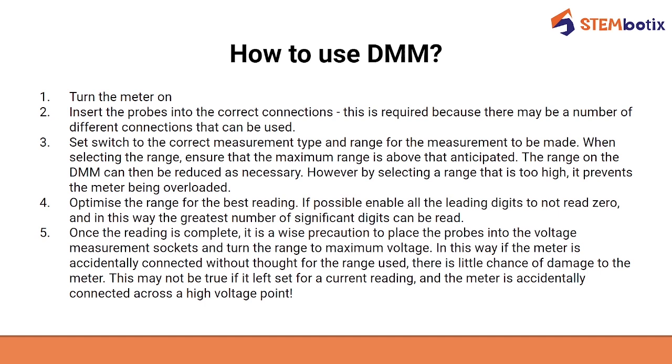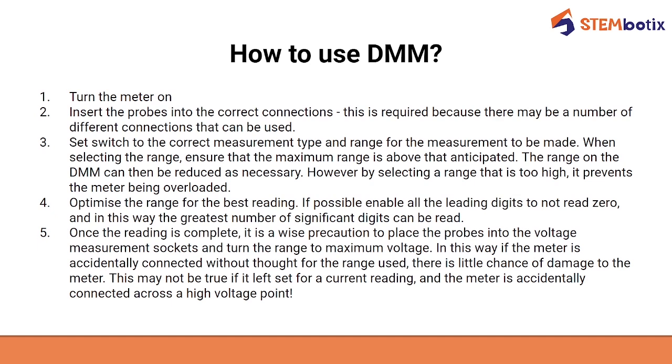When selecting range, ensure that the maximum range is above that anticipated. So whenever you are selecting the range for, say, your resistor, just be sure that your maximum value is not over your anticipated range. The range on the DMM can then be reduced as necessary.